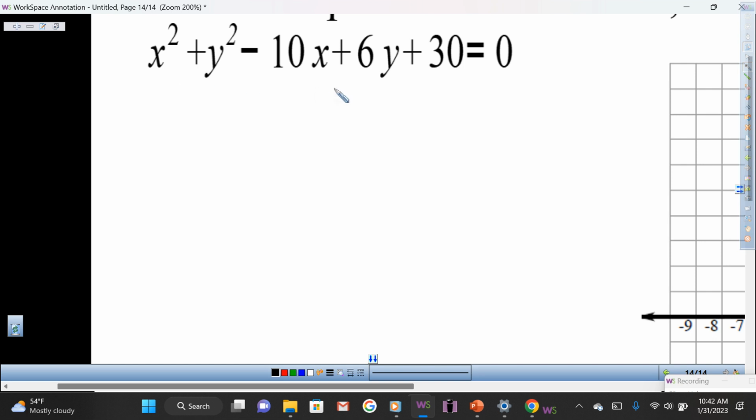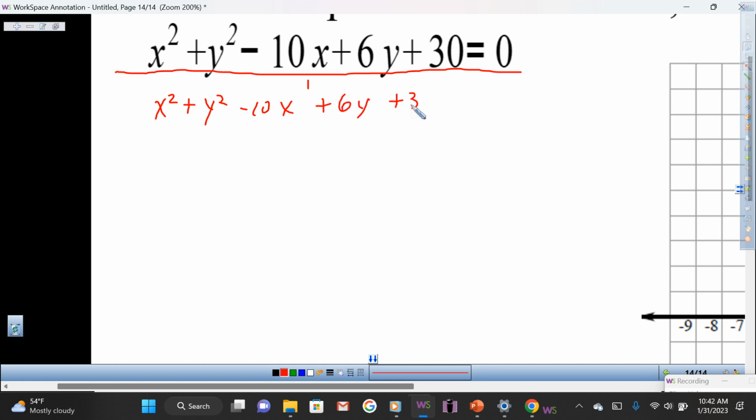Yes, from highest to lowest degree and equal to 0. What is our second step? Well, let me show it. The second step, we needed to divide by the leading coefficient. What is our leading coefficient, everyone? 1, which is an invisible 1. I end up with x^2 + y^2 - 10x + 6y + 30 = 0.